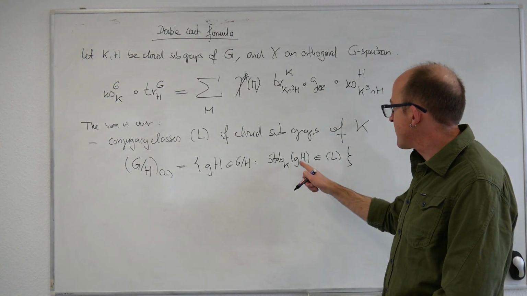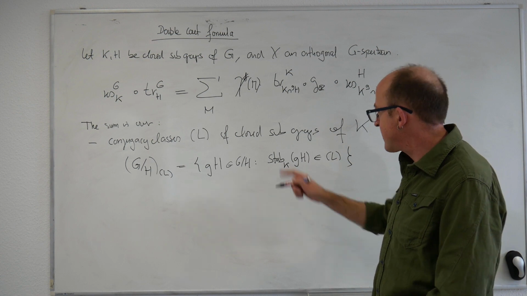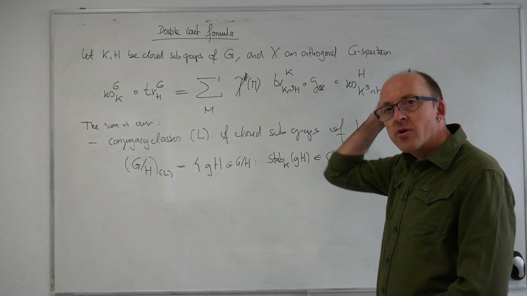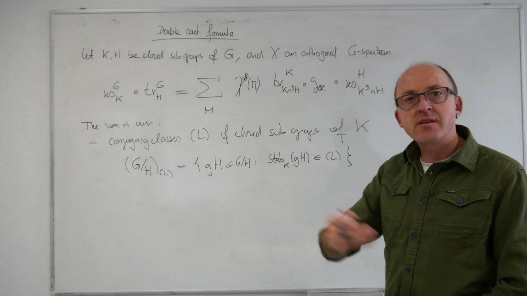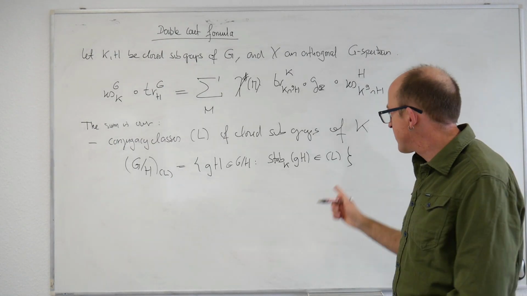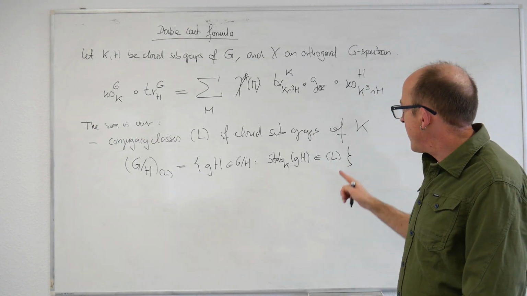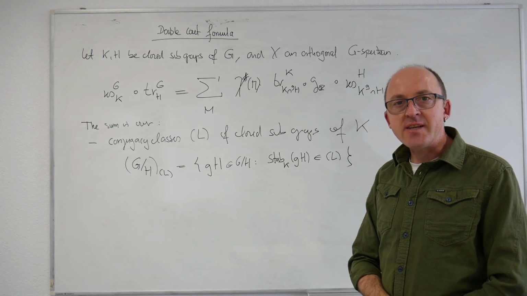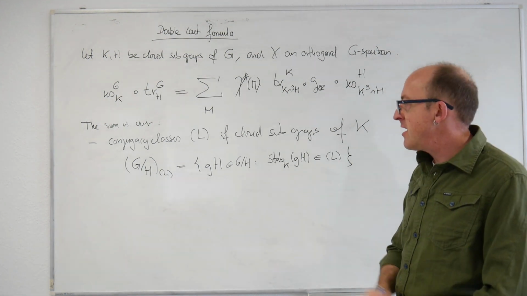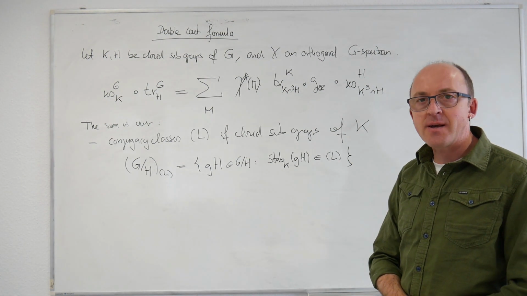So I can look at the stabilizer of this element inside of the group K, and I collect all of those together for which these stabilizers are in this conjugacy class of L. By not insisting that the stabilizer is equal to L, but conjugate to L, this becomes a K-invariant subset.